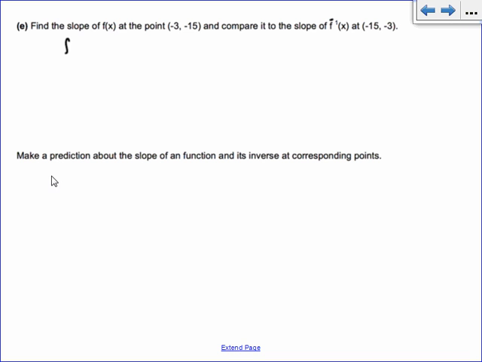So the slope for f of x is going to be f prime of x equals 3x squared minus 4. So we're going to have 3 times -3 squared minus 4. We get 3 times 9 is 27, minus 4, so we get 23.